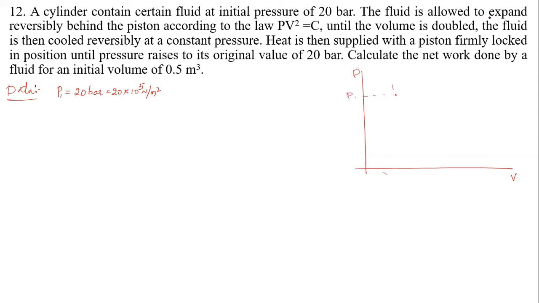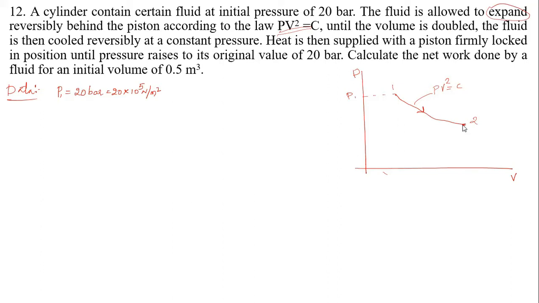The fluid is allowed to expand reversibly behind the piston according to the law PV square is equal to C. Now it is allowed to expand, which means it is a polytropic process. The governing law says PV to the power of 2 is equal to C. Volume increases, pressure decreases.